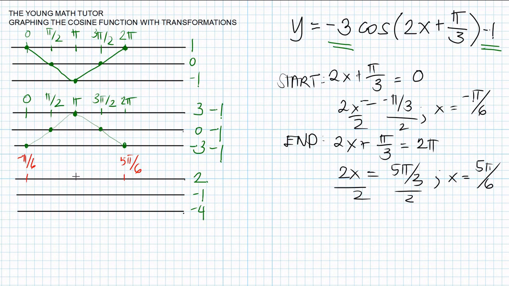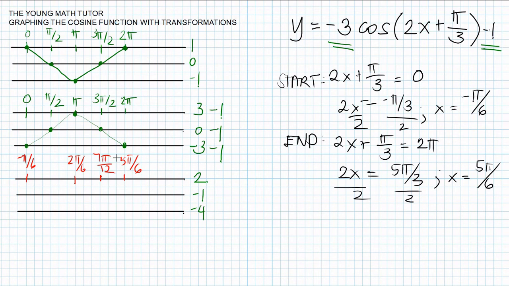The value at the middle will be 2 pi over 6, and the value there will be 2. Between 2 pi over 6 and 5 pi over 6, we have 7 pi over 12.